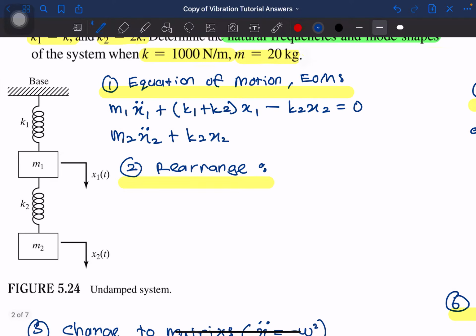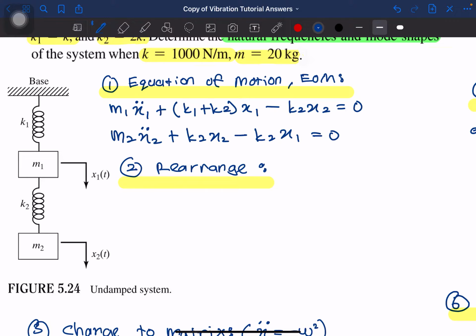But you have to remember that k2 is not only attached to m2, it is also attached to m1, so for this equation we minus k2 x1, equals 0.